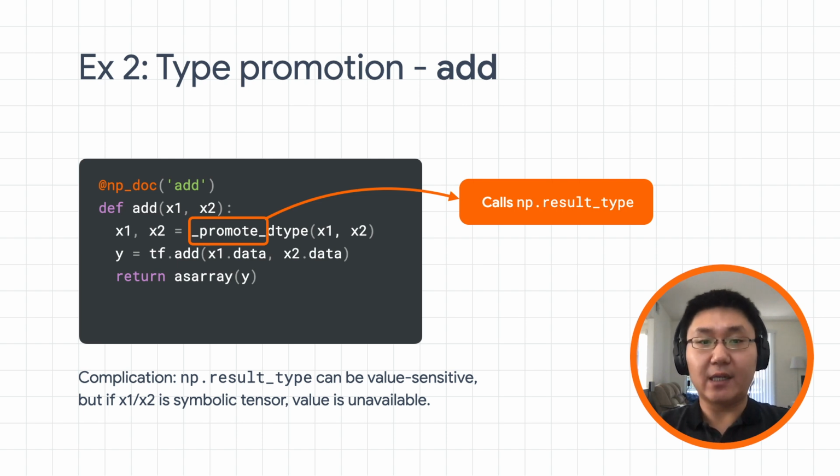One technical challenge here is that this works most of the time, but in some corner cases, especially when the arguments are native Python types, like Python integers or Python floats, NumPy result_type, when it does dtype promotion, can be value sensitive.